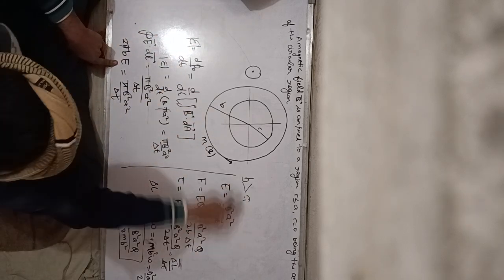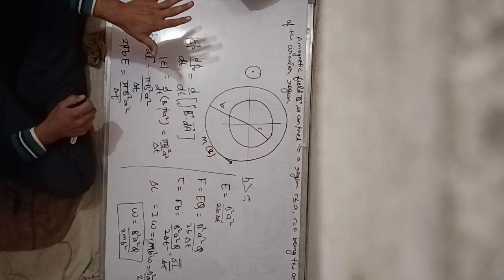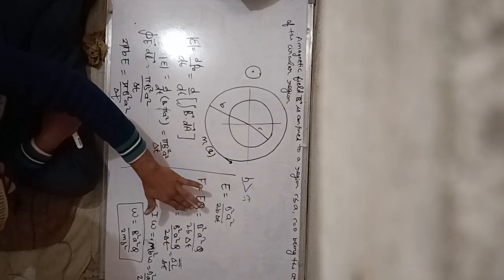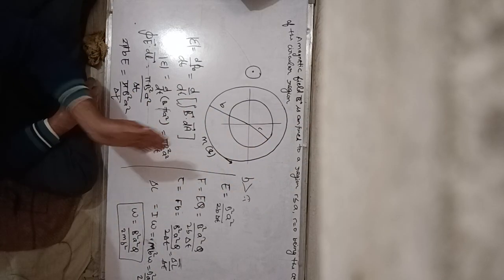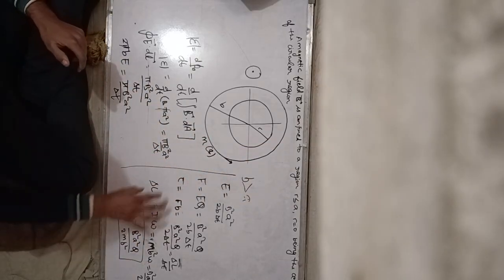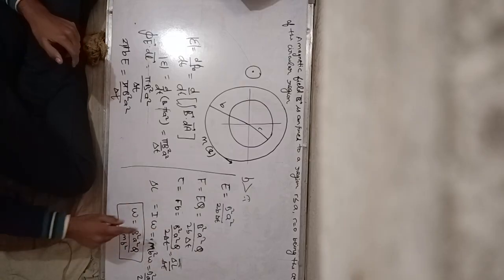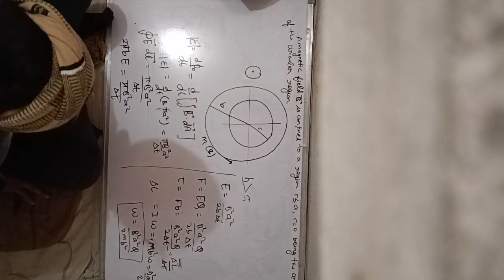And because this ring is charged by q coulomb, it will feel a force. So there will be a torque, and there will be angular momentum, and so there will be an angular velocity. This is the beauty of physics.